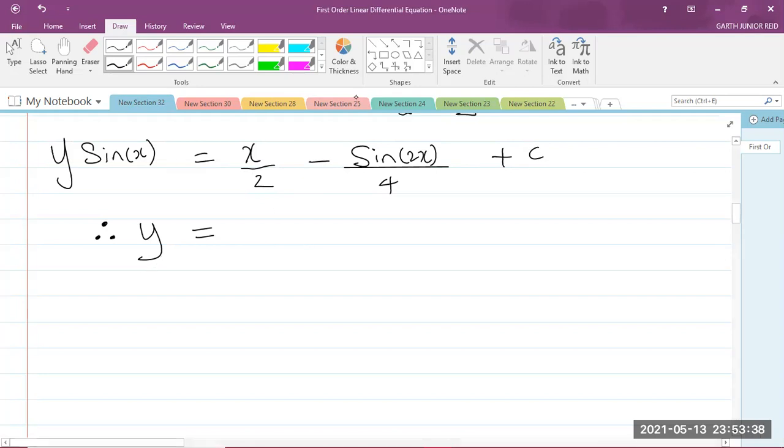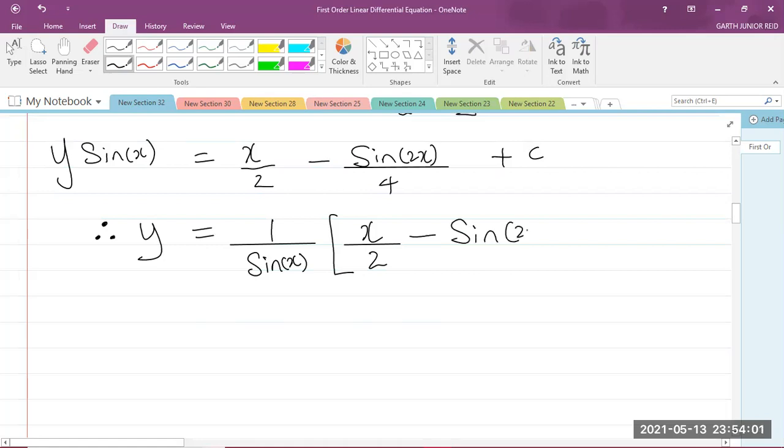So what I now have, on the right-hand side, is 1 divided by sine x, multiplying that by x divided by 2 minus the sine of 2x, and I'm dividing that by 4, plus c.